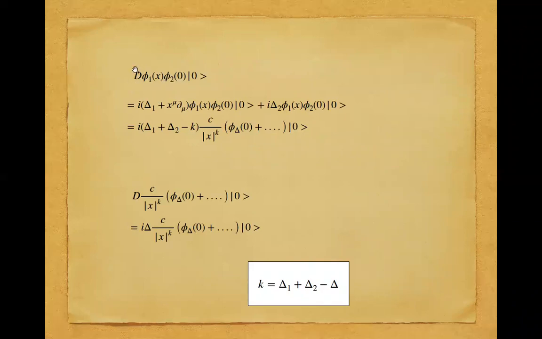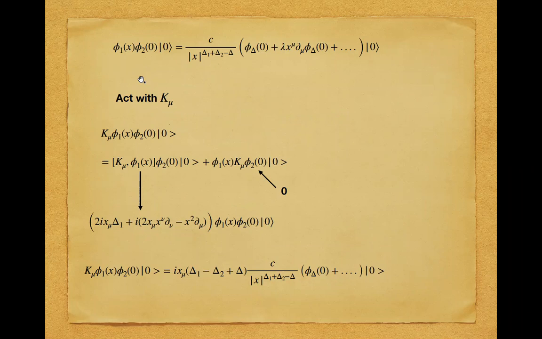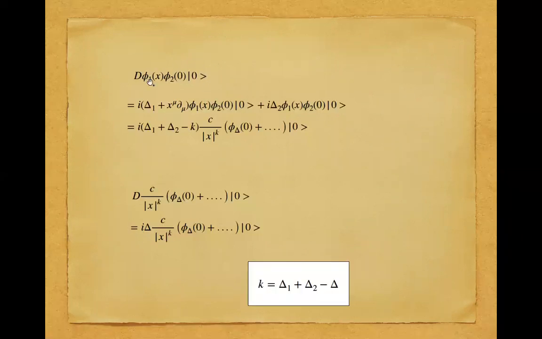For example, you can act with the dilatation operator on the state, and we know that the action of the dilatation operator on the field phi 1 at x is given by this. So this is just the commutator of these two operators. And then when D acts on phi 2, it just gives you delta 2.